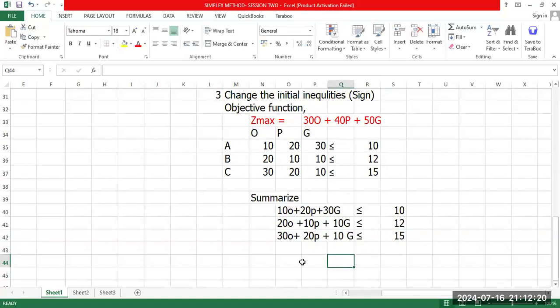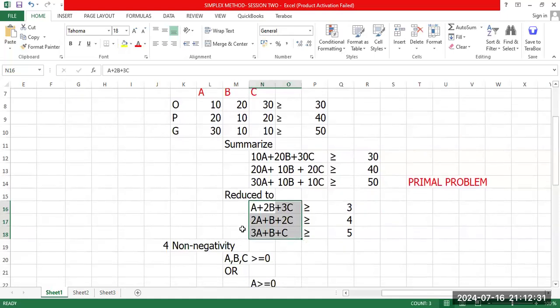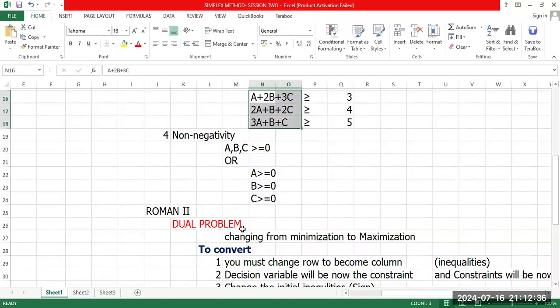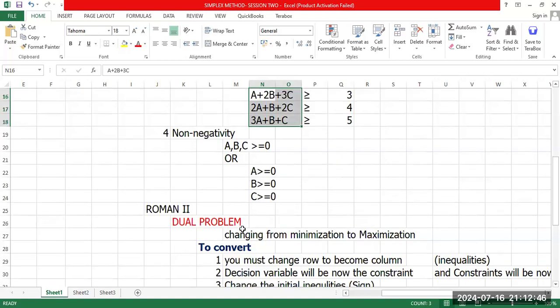Now, someone initially had asked that here I reduced values, and he was saying, why am I not reducing these ones?